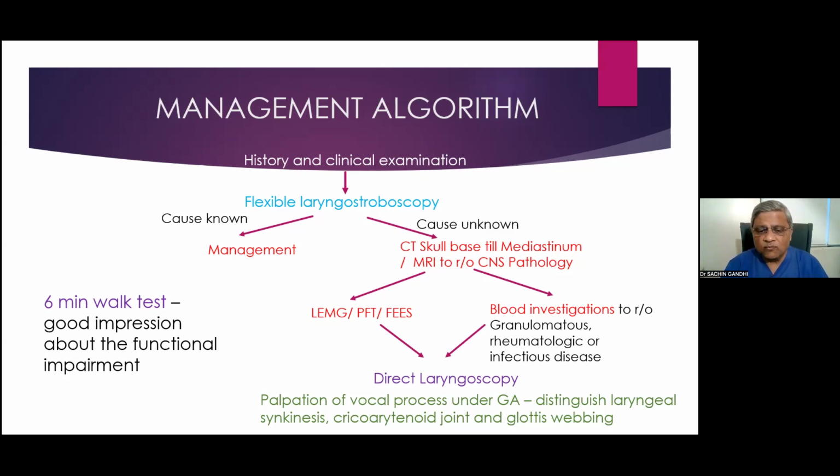You can go with local investigations like laryngeal electromyography, PFTs, or endoscopic evaluation of swallowing. I think these are important, and now we have started doing laryngeal EMG for all cases, just to know what the chances of spontaneous recovery are, and then to know about the airway, upper and lower part.